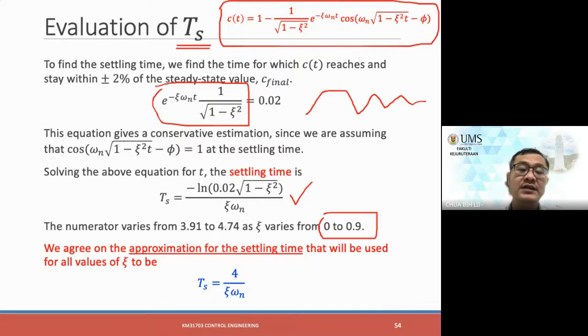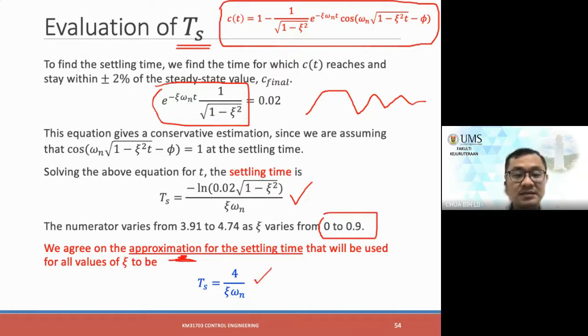So roughly, if we would like to just approximate without solving the natural logarithm and so on, we can just estimate with 4 divided by damping ratio multiplied by omega n. This is a rough estimation.